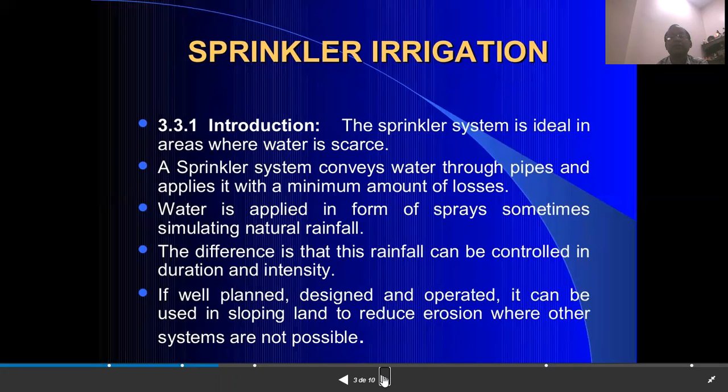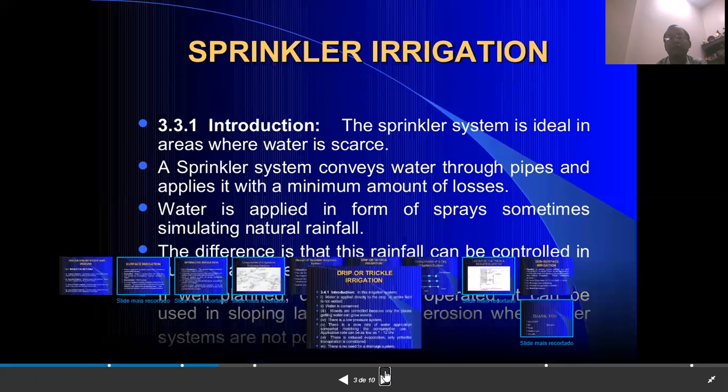The difference is that the rainfall can be controlled in duration and intensity. If well planned, designed, and operated, it can be used on sloping land and reduce erosion where other problems are possible.